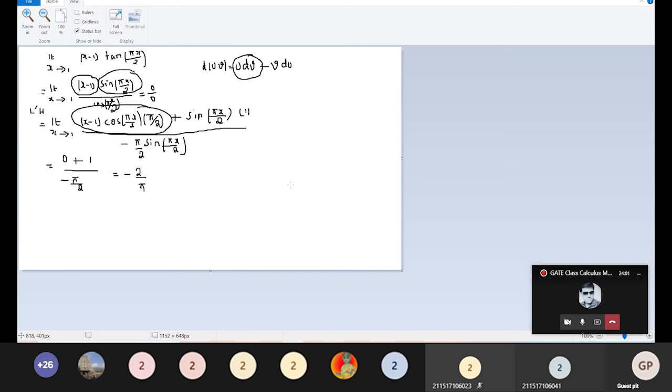So if we apply the limit directly, we get 0 by 0. In this problem, what are the prerequisites?